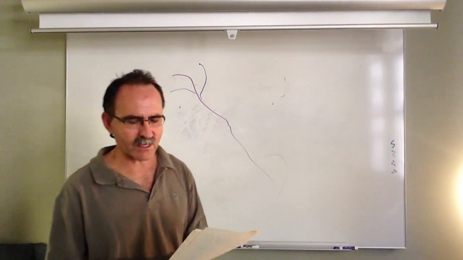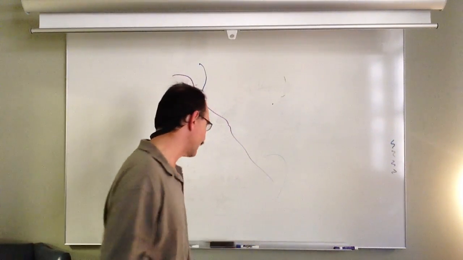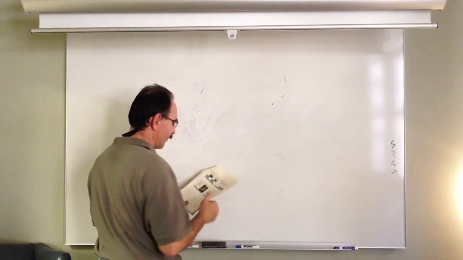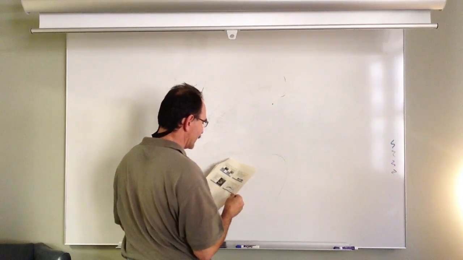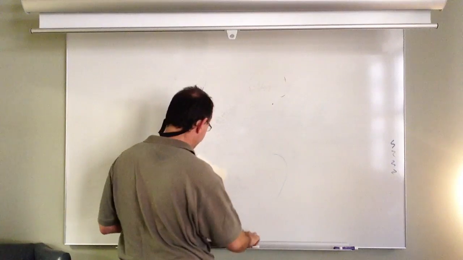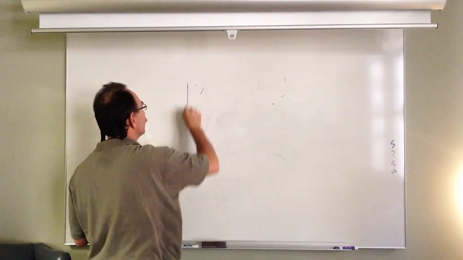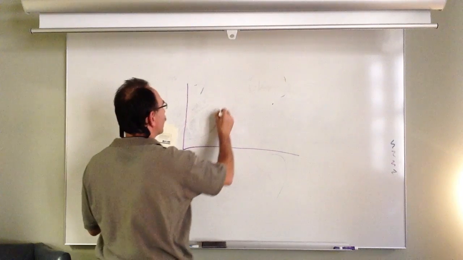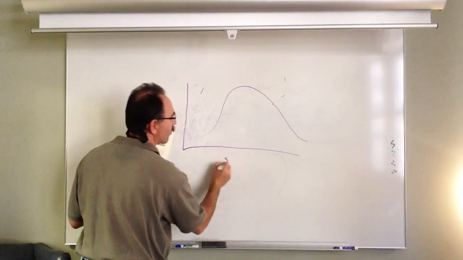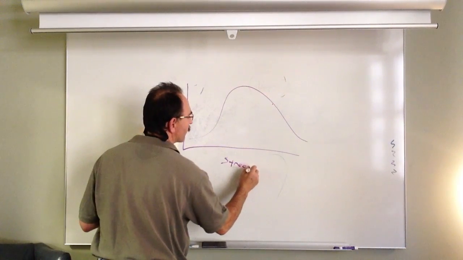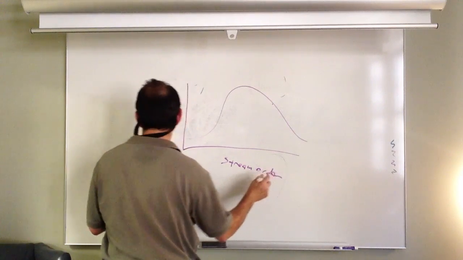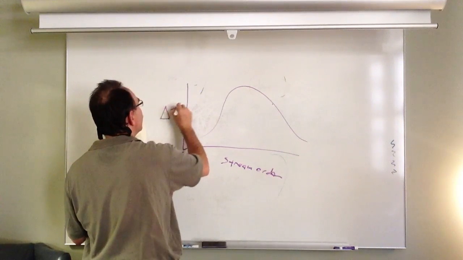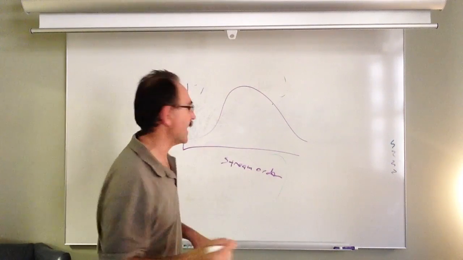I thought this last diagram was kind of interesting from Vannote, basically, and the first thing that you see over here is stream order, and this is delta T over the day.